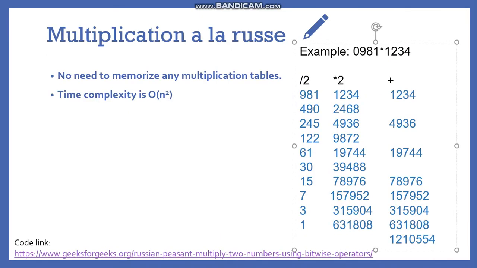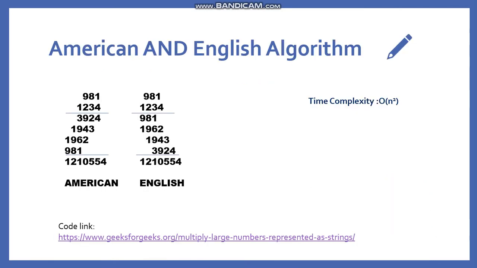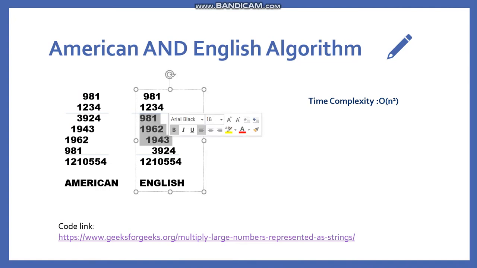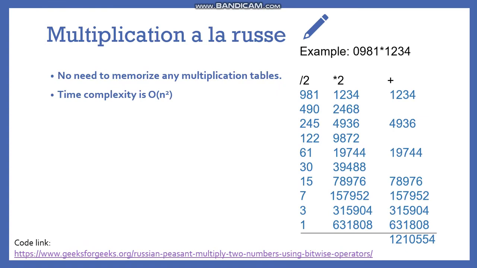Now let's see the algorithm that uses doubling and halving for multiplication. For the American and English algorithms, we need to store all the steps in memory, so we need extra memory. We remove this problem in this algorithm. Here we have two numbers, 981 and 1234.